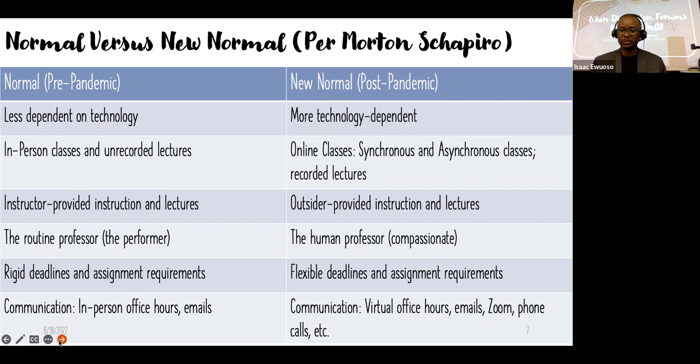One point that Shapiro mentioned is that professors were used to just doing routine activities and just grading. They didn't have so much touch, so much outreach, a connection with their students. But the new normal has made professors more compassionate and understanding. We now have flexible deadlines instead of rigid deadlines before, and we have in-person and virtual office hours.